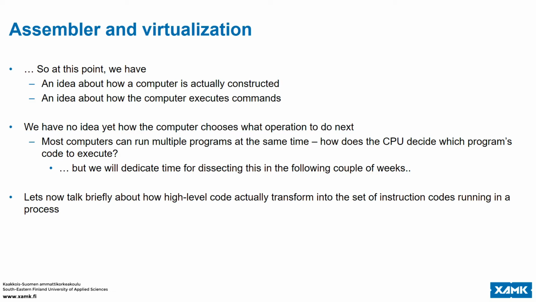This is important because most computers are able to run multiple programs at the same time. So how does the CPU actually decide which program's code it's executing at a given time? But we will dedicate some time for discussing this in the next couple of weeks.